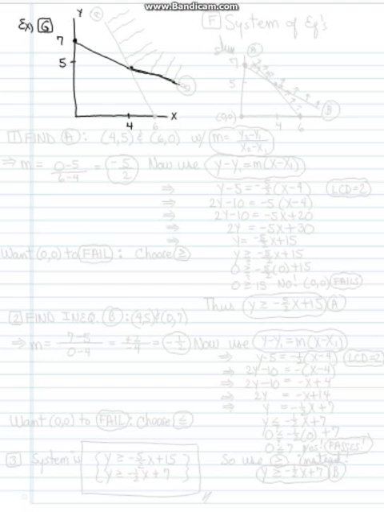Then the point 6, 0, connect that with point 4, 5. Call this line A, call this line B. Shade on the right side of line A, continue at this point shading on the right side of line B, and then find a system of equations.